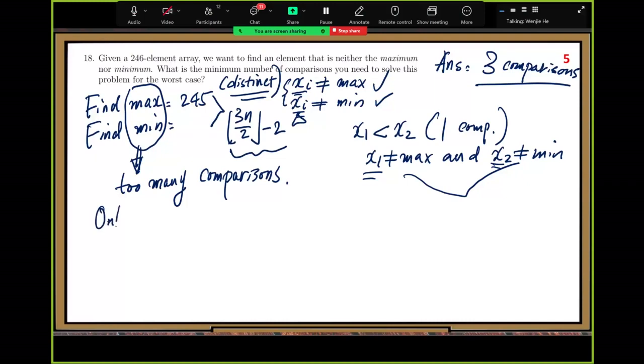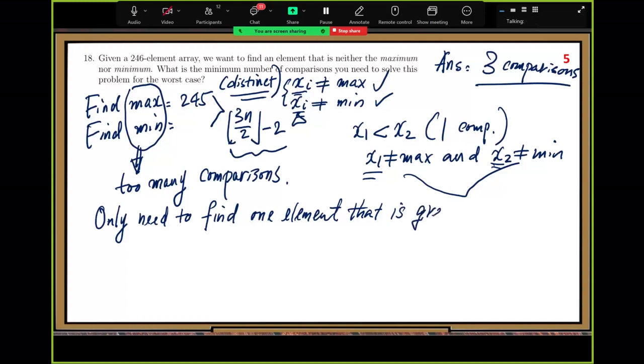So we only need to find one element that is greater than, let's say xj, and less than xk.